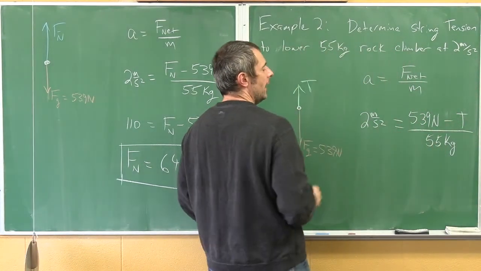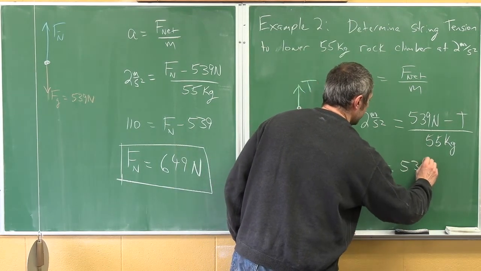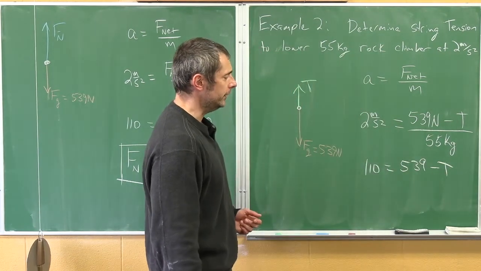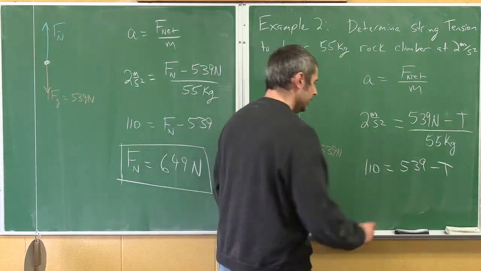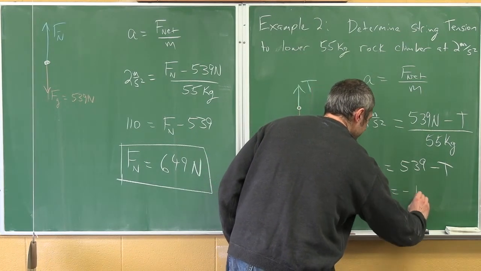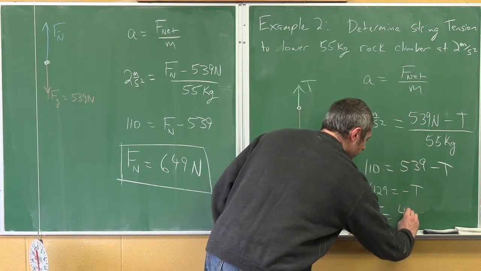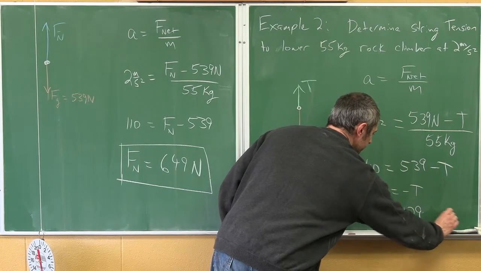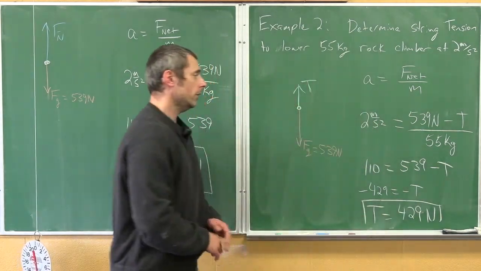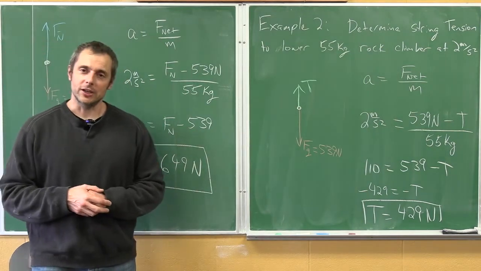So we multiply the 55 to the other side, and we get 110 equals 539 minus T. We subtract 539 from both sides, and we're going to get negative 429 equals negative T. In other words, T equals 429 newtons. There's how you get that solution. Let me pause, give you a chance to catch up.